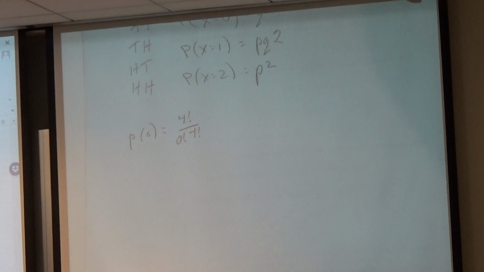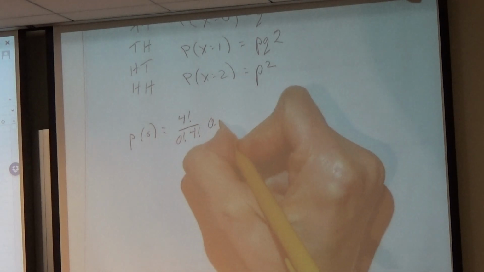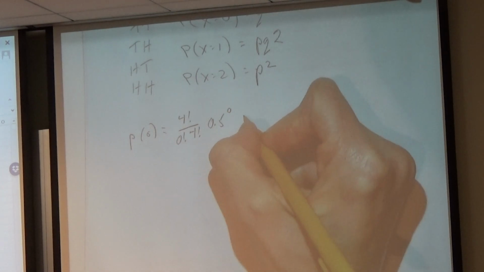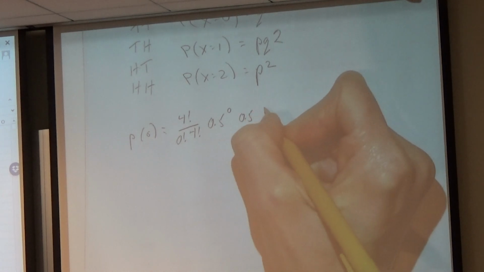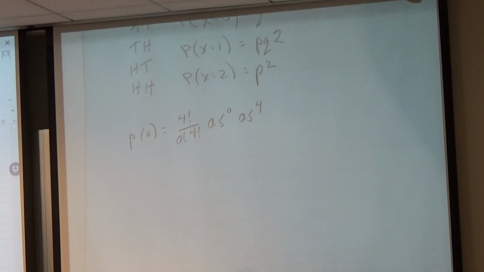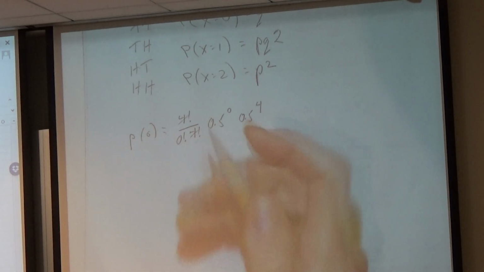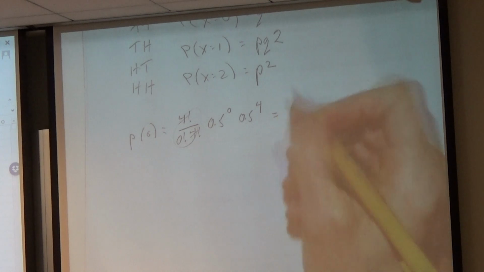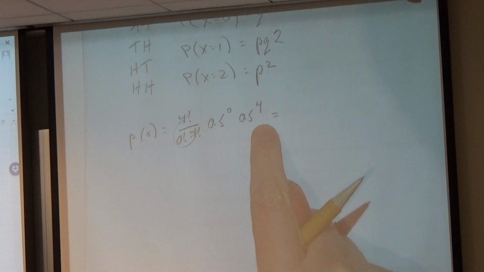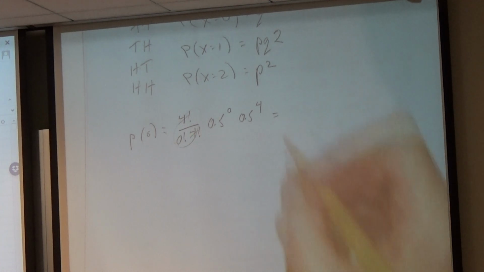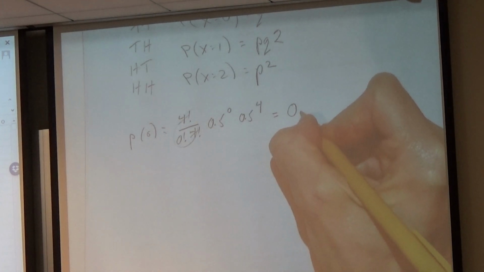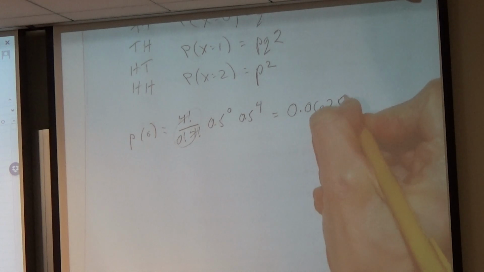And this is p to the i, 1 minus p to the n minus i, so this is 0.5, my i is 0, 1 minus 0.5 is 0.5, and I have 4 flips. The 4's cancel out. By convention, 0 factorial is just 1, so this is a 1. So I'm looking at 0.5 raised to the 4th power, and what's that? That's 1 over 2 to the 4th, which is 1/16, or in decimals, about 0.0625.